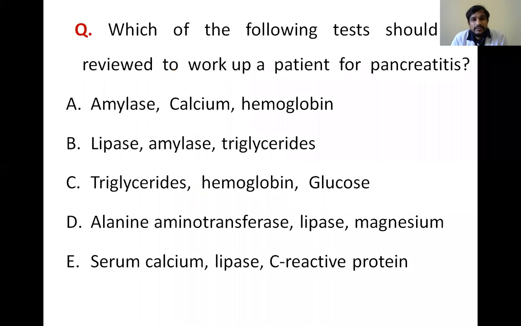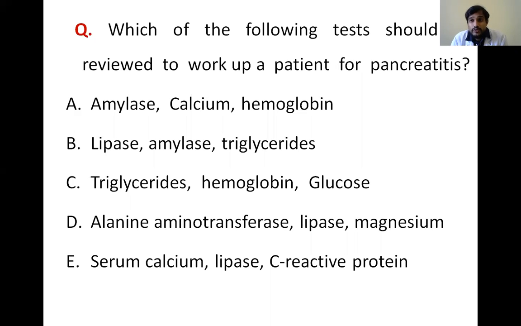So coming to the case, which of the following tests should be reviewed to work up a patient for pancreatitis? So what are the investigations that are done in a patient who approaches us with pancreatitis?